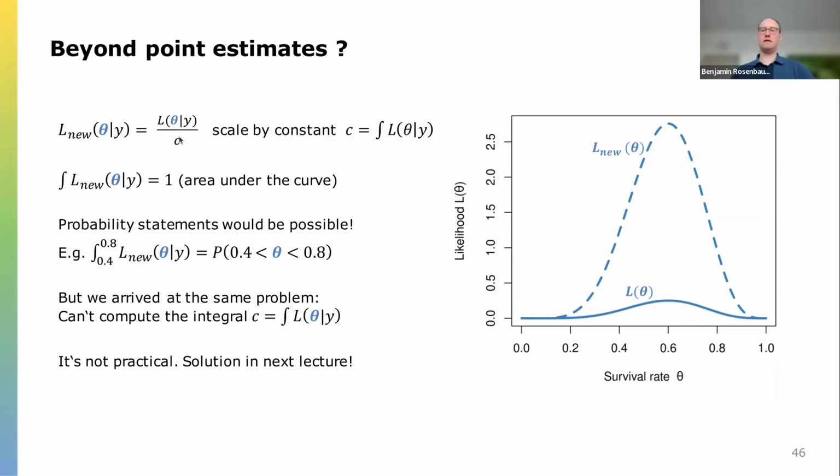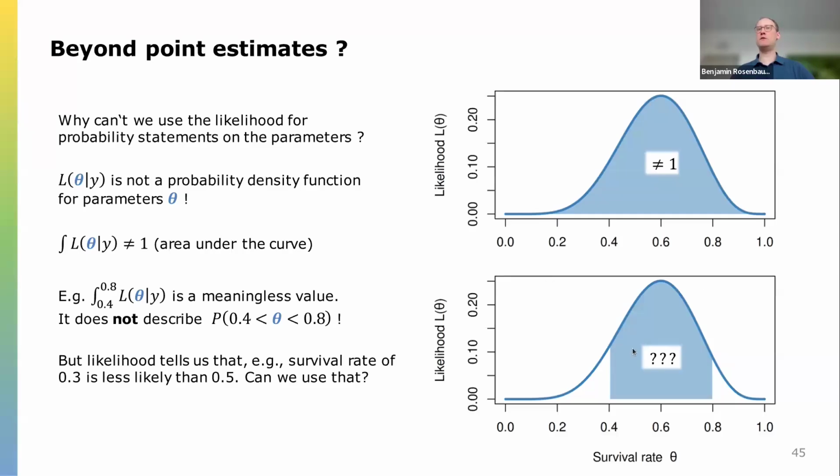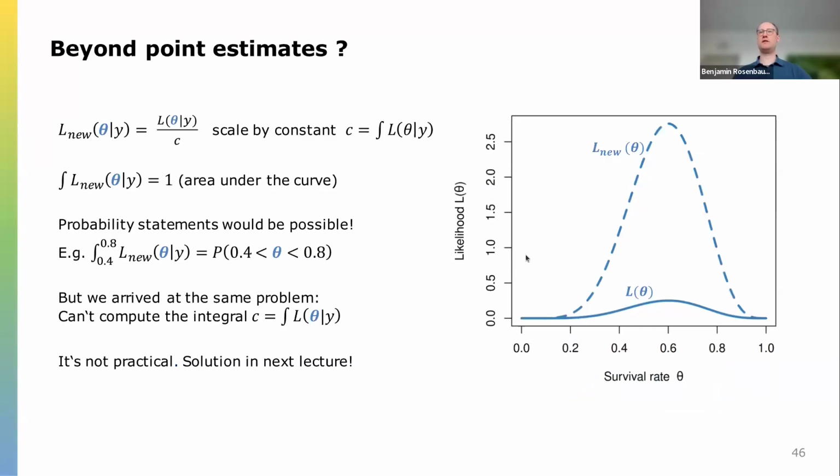In this case, the area here is smaller than 1, and if we divide it by some constant smaller than 1, this whole thing becomes bigger, right? And by scaling it by this factor, we know the area under this curve is equal to 1, and then we could make probability statements, and we could calculate confidence intervals for the parameter here. We could make all kinds of statistical inference.